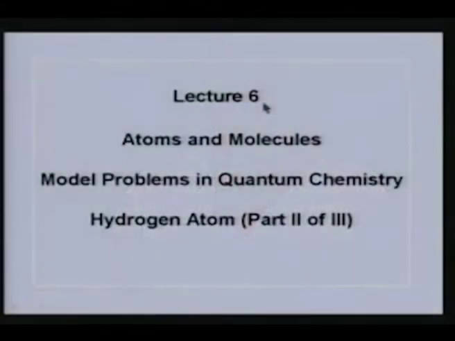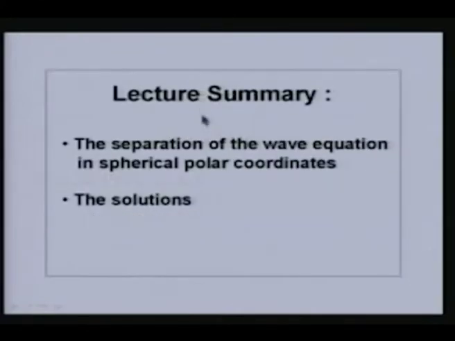Okay. So in today's lecture, which is lecture number 6 on atoms and molecules, which is part of the model problems in quantum chemistry, we will continue to look at the hydrogen atom, and in this lecture we are only going to look at two things.